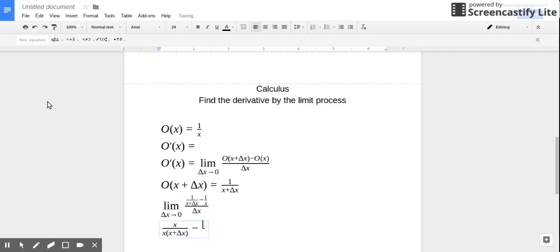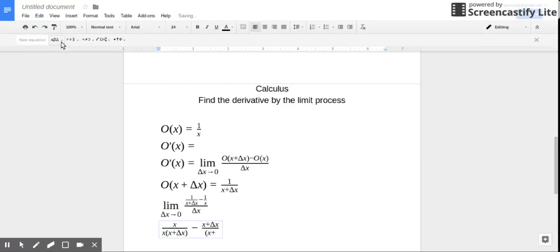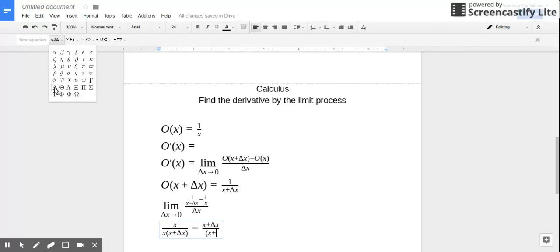So we end up with x plus delta x. Write that up there, and then we're going to have an x plus delta x right in the numerator, and write it back down here in the denominator. And then, of course, we have an x already. See that?